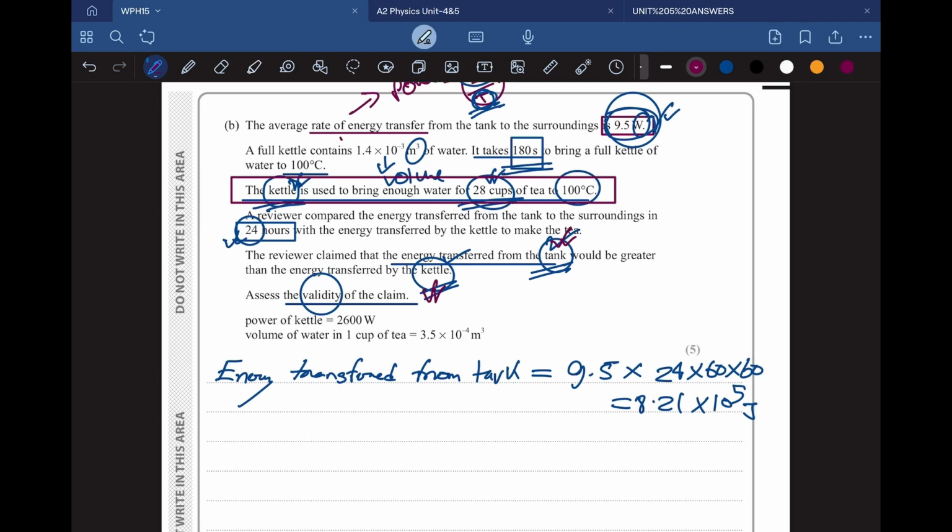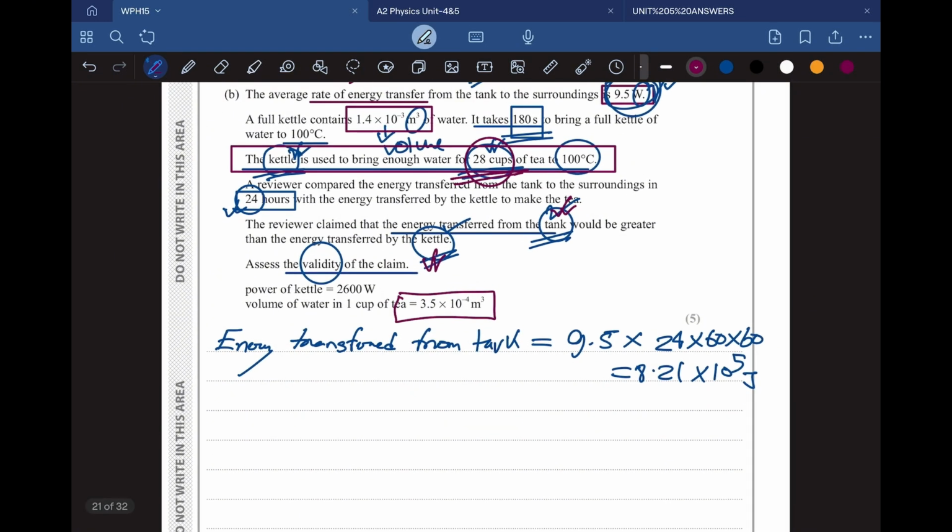But they have mentioned a full kettle contains 1.4 × 10^-3 m³ of water. They have also mentioned the 28 cups of tea. Now let's figure out the volume of those 28 cups of tea. One cup of tea has a volume of 3.5 × 10^-4 m³. So how much will 28 cups of tea have?